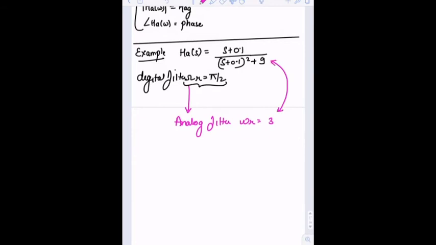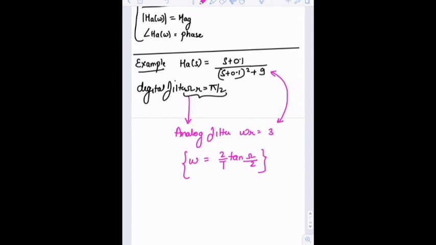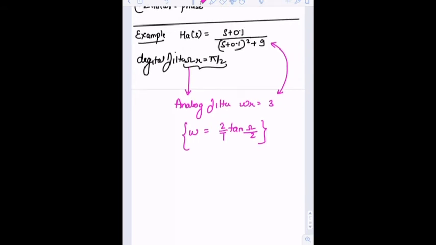Since we have the relationship omega = (2/T) tan(omega_d/2), we get 3 = (2/T) tan(pi/4).